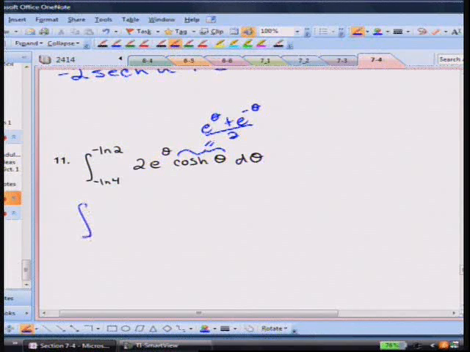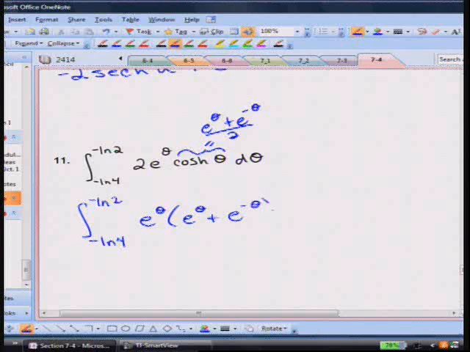So now I can write this as the integral from negative ln 4 to negative ln 2. Notice my 2's are going to cancel there, and I'm going to have e to the theta times e to the theta plus e to the negative theta d theta. Everybody okay?